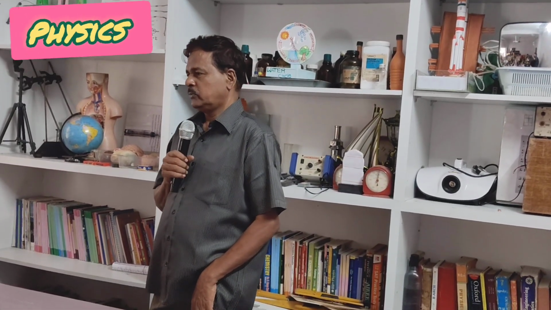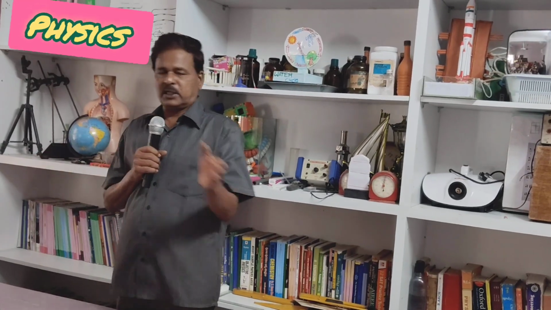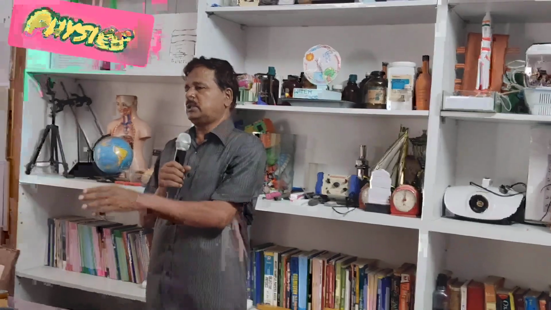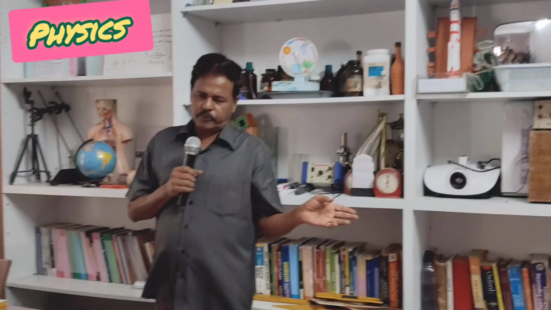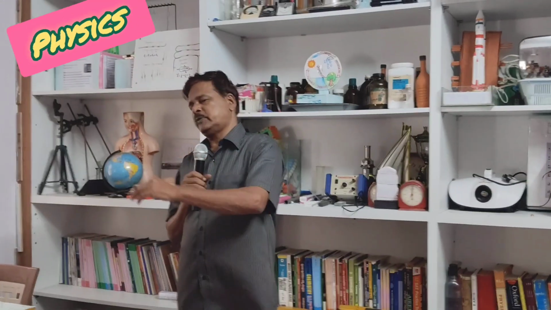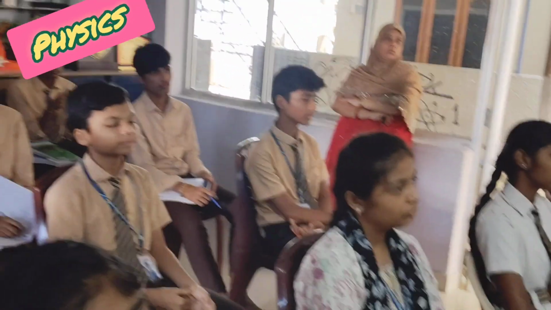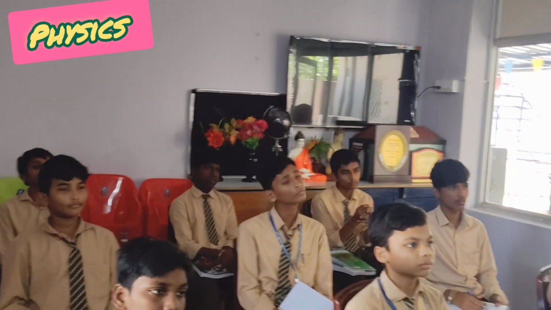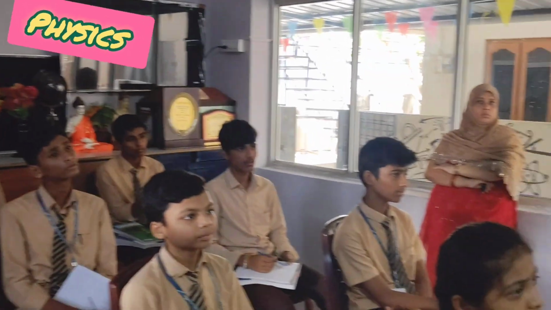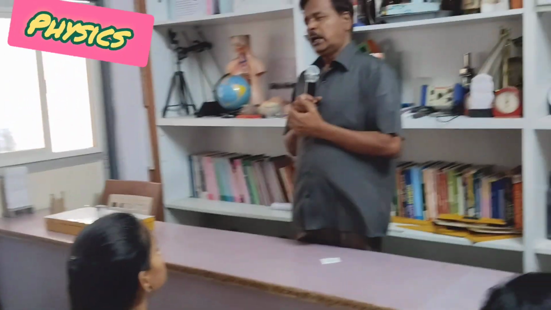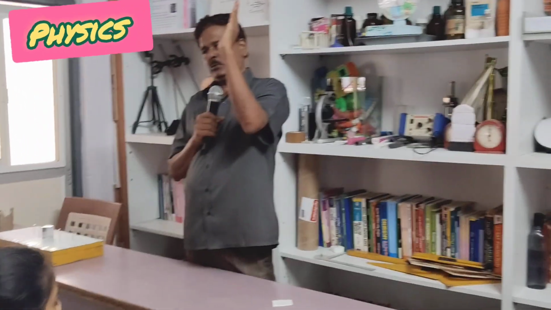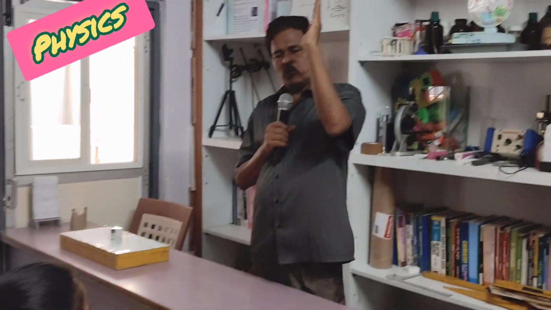Distance is always measured from the optical center or from the pole. Distance measured along the direction of the incident ray is taken as positive, and opposite to the direction of the incident ray is taken as negative. At the same time we need to measure the heights of the objects and images. Heights in the upward vertical direction are positive, the y-axis is positive.